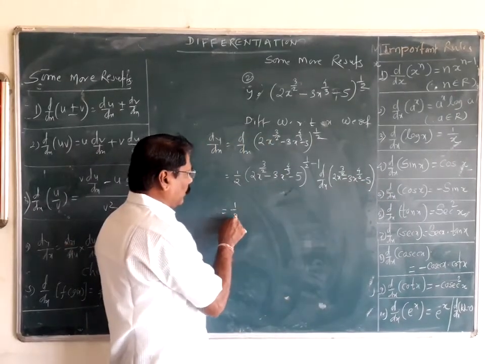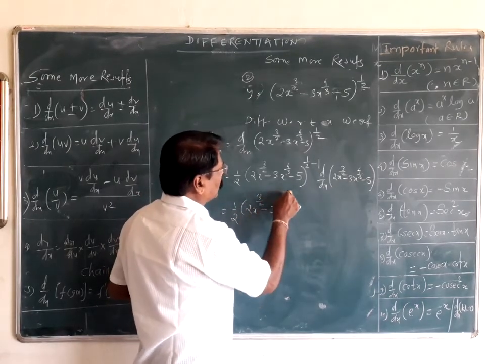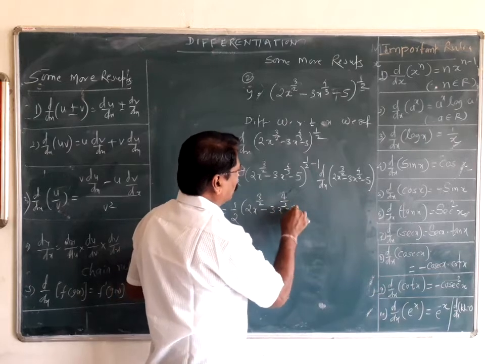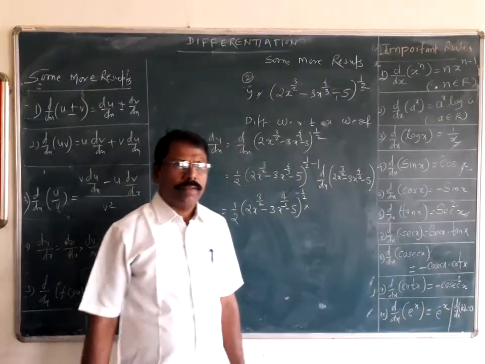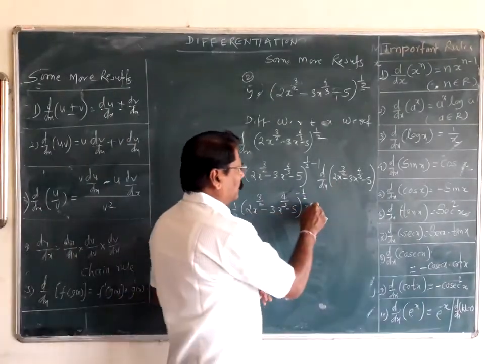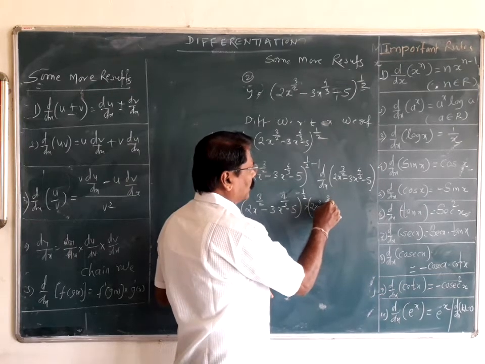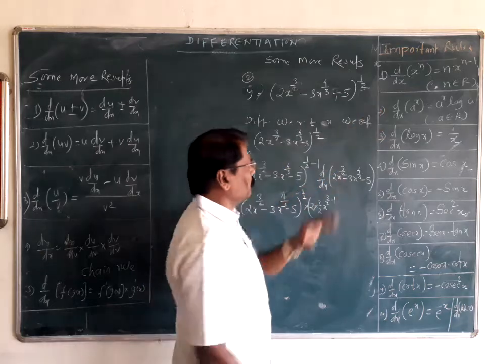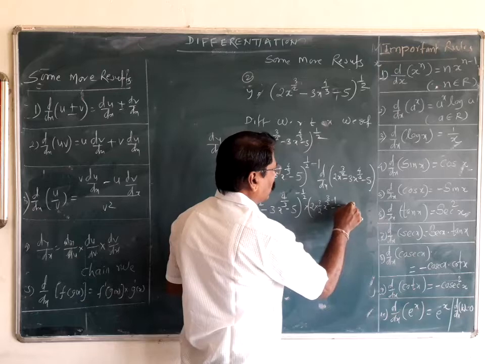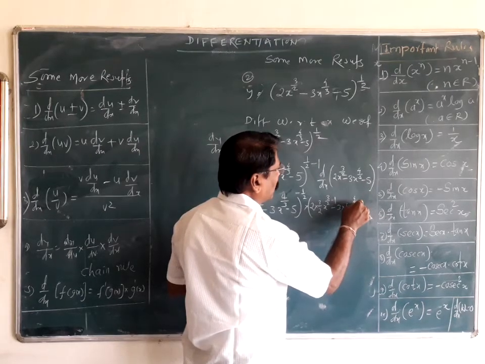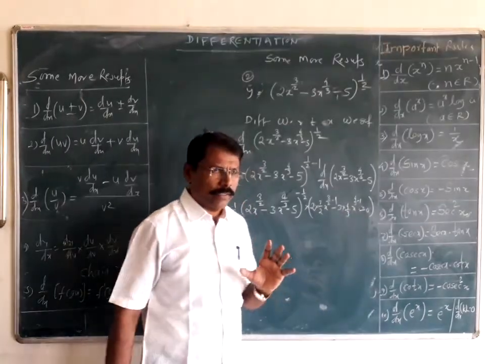Then 1 upon 2 (2x raised to 3 by 2 minus 3x raised to 4 by 3 minus 5) raised to minus 1 upon 2 into 2 into 3 by 2 x raised to 3 by 2 minus 1, by the addition rule, minus 3 into 4 by 3 x raised to 4 by 3 minus 1, plus minus 0 because 5 is a constant. This is complete.